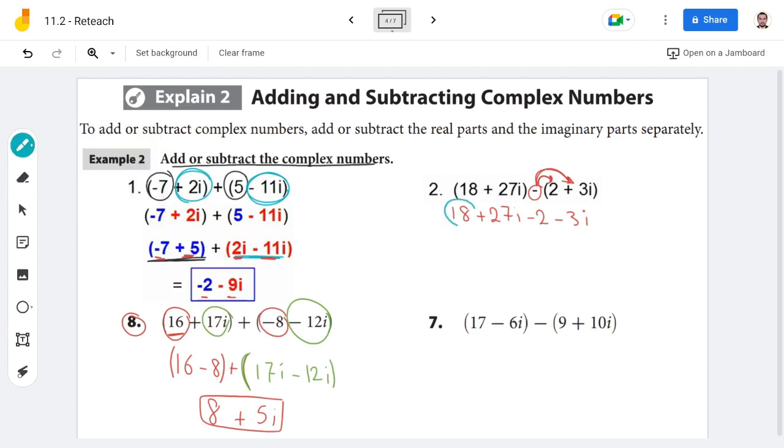So we have like terms 18 and negative 2 together, plus, then we have 27i and negative 3i together. Now add them. So 18 minus 2 is equal to 16, plus 27i minus 3i, which is equal to 24i.